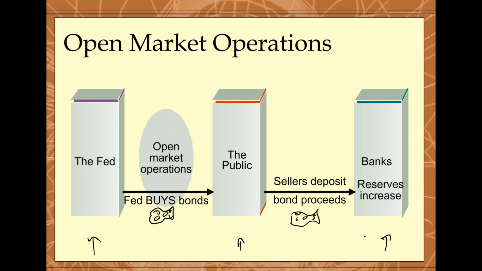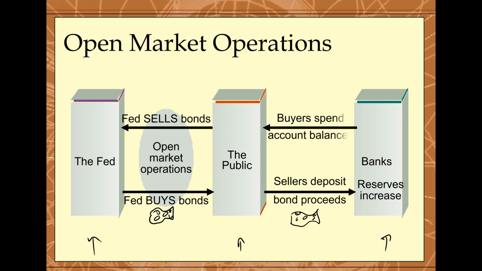Well, when the Federal Reserve sells bonds, they sell the bond to somebody else, and they receive money as a result, because they're selling something and they get money. So money goes to the Fed. And where does the public get that money?